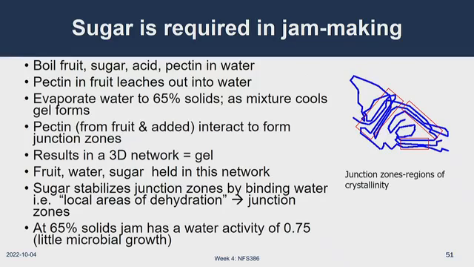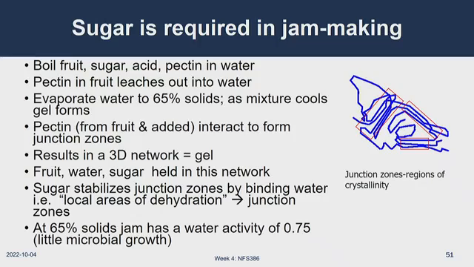So how do we do it? The fruits are boiled with sugar, acid, and pectin. Same for amylose and amylopectin, same for starch jellification, same principle here. We have pectin in fruits that leaches out in the water.